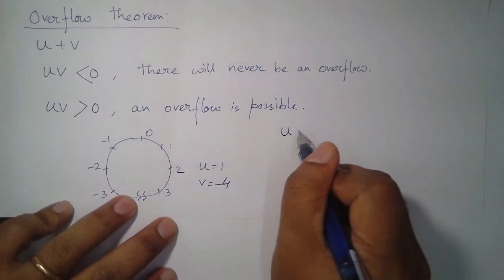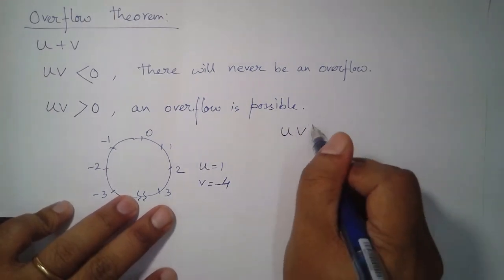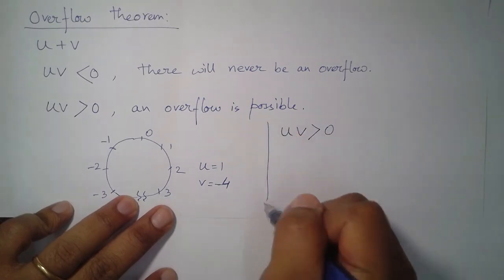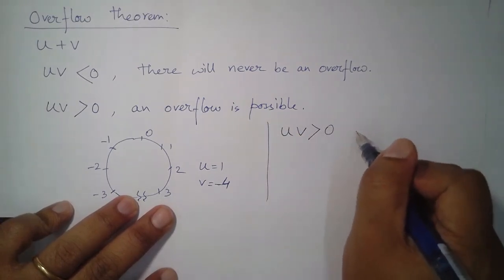Now if u and v are of the same sign, when can there be an overflow? If u and v are greater than 0, that means they are of the same sign.